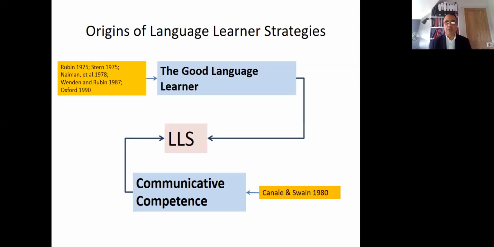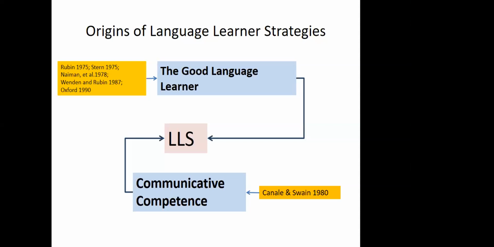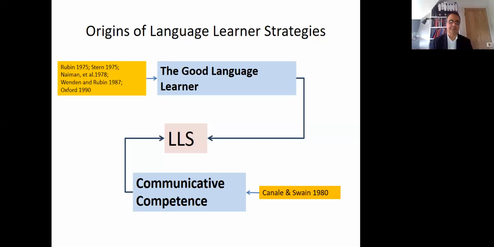Okay, so I've called it language learning strategies, theorizing the application to EMI instruction, EMI contexts. If we start with the origins of language learning strategies, they go back quite a long way, to the 1970s, when people were really trying to identify what it is about learners that seems to make them good language learners, the GLL. They're often quoted.